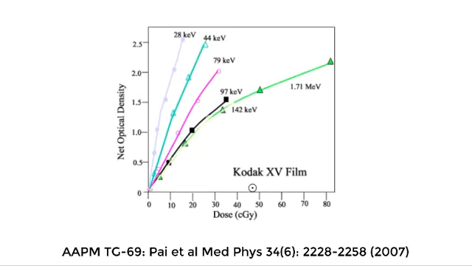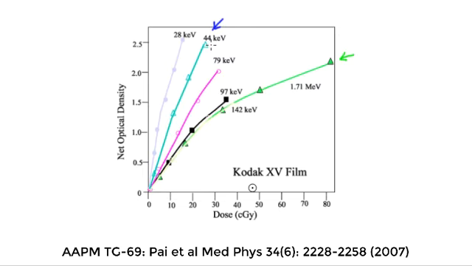So here's another effect with these radiographic films: there's an energy dependence of the film response. This is from TG69. Here's a high energy beam, and over here in blue, let's say, is a low energy beam. And you'll see that for a given dose, the optical density is going to be very, very different. There are a couple of implications to this. One is if you calibrated it in a high energy beam, you would not want to use that same calibration to measure a low energy beam.